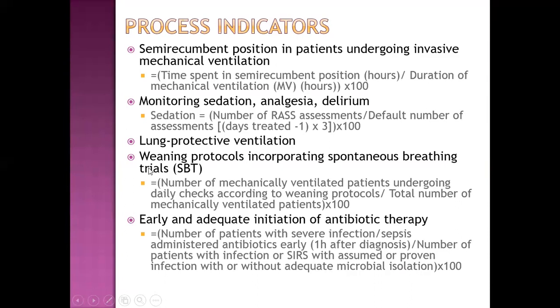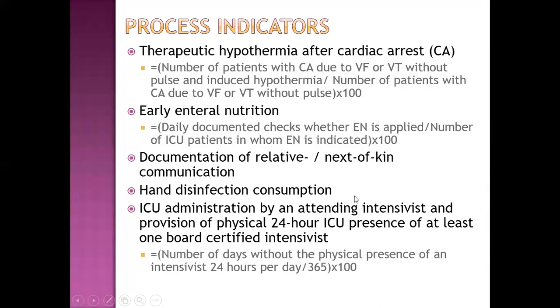Fourth indicator is weaning protocol incorporating spontaneous breathing trials. Fifth indicator is early and adequate initiation of antibiotic therapy, that is within 1 hour after diagnosis. Sixth indicator is therapeutic hypothermia after cardiac arrest. Seventh indicator is early enteral nutrition.